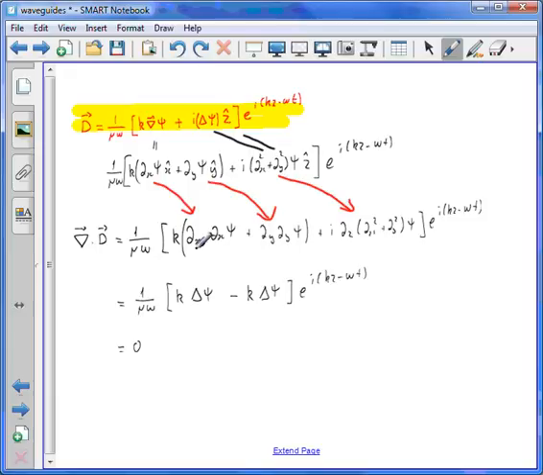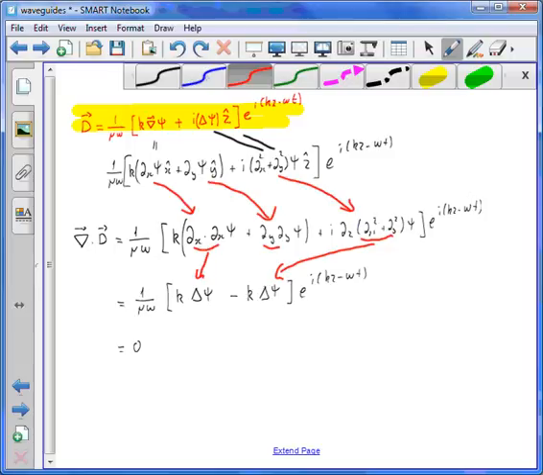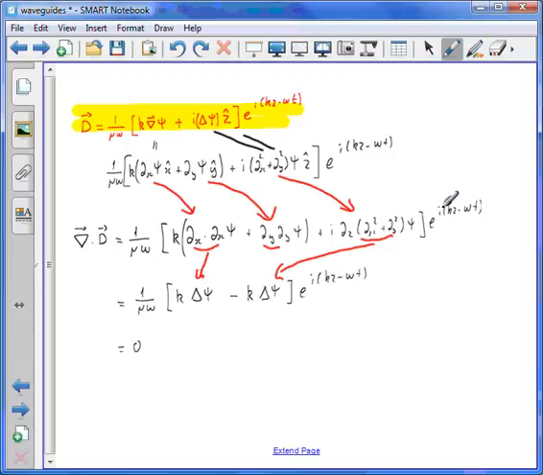I already see that this plus this is again my Laplacian. Here I have also my Laplacian, but then I have a derivative in z which only applies itself on the exponential of ikz here, so that takes the ik out in front, and so I'm left over with an ik.